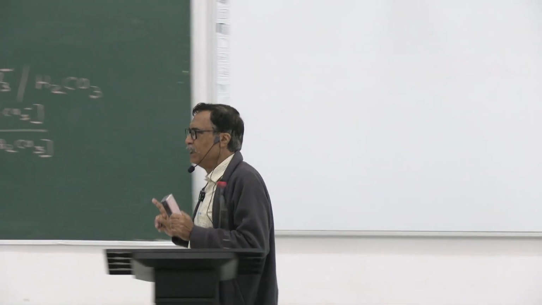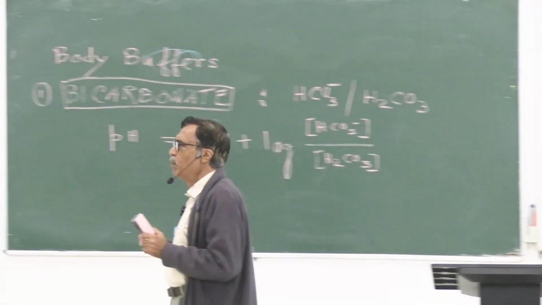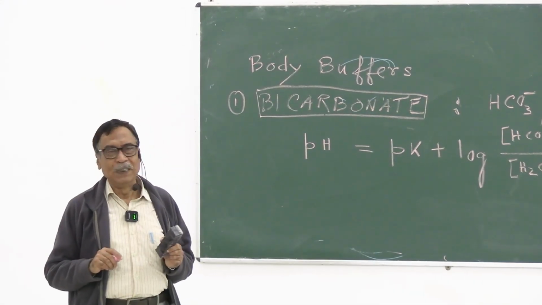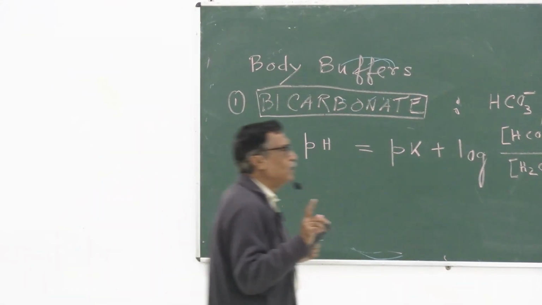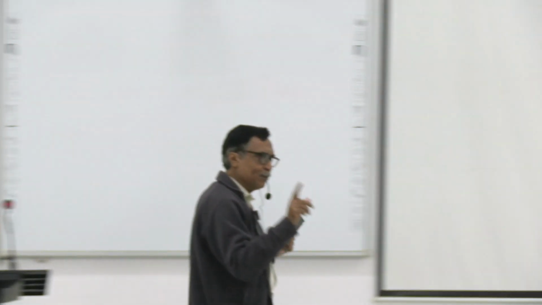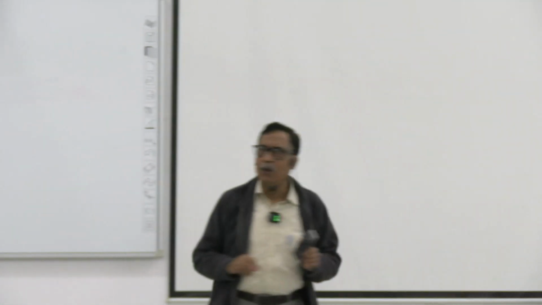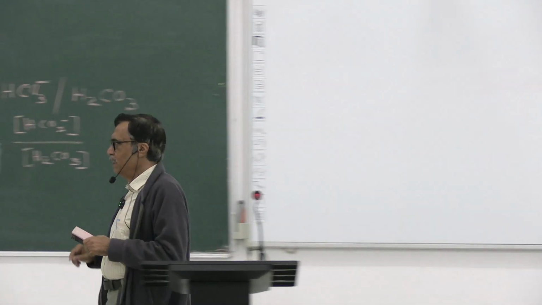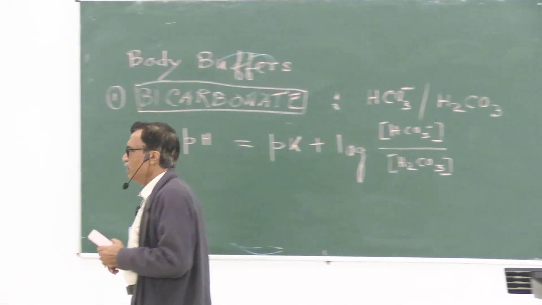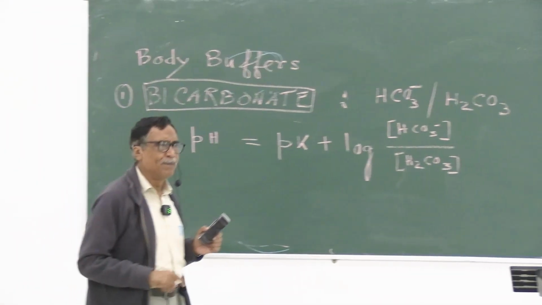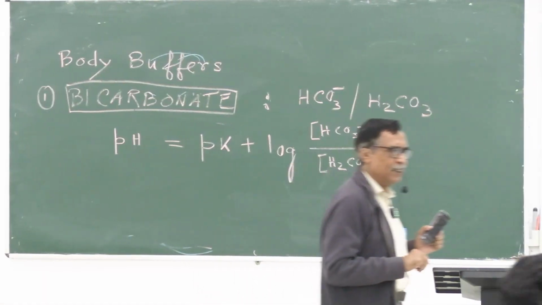Very close range in case of blood, but the range is wide in case of urine. In urine the range is very wide, but in case of blood it is very close, more or less 7.4, and that is necessary for various biological functions, particularly of the proteins and DNA.